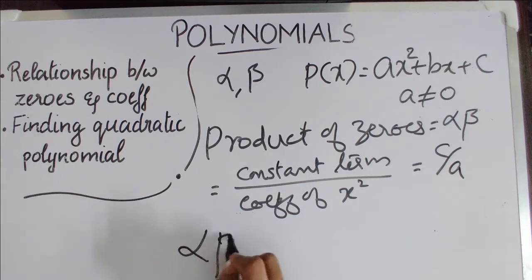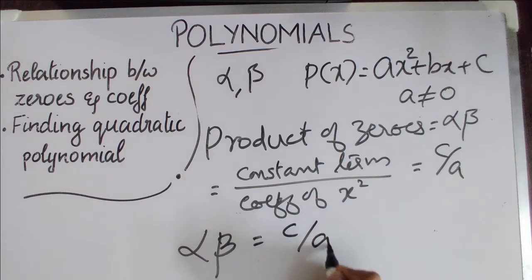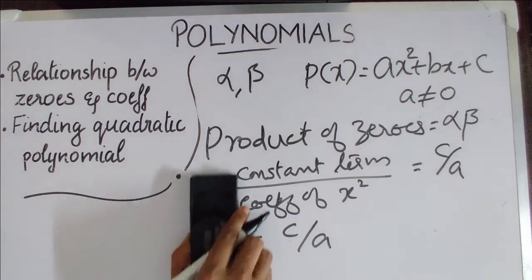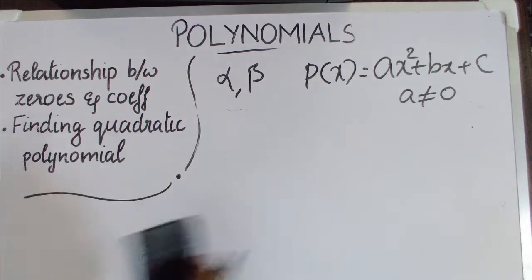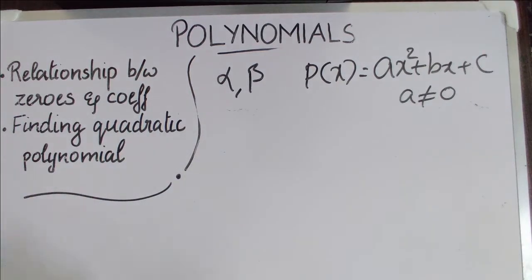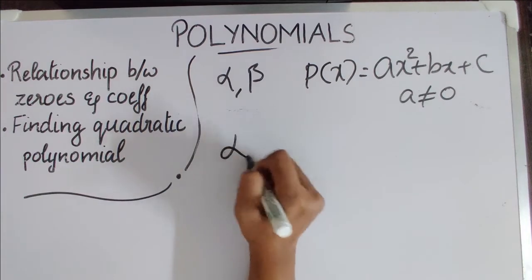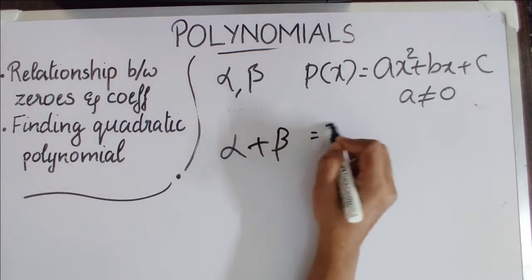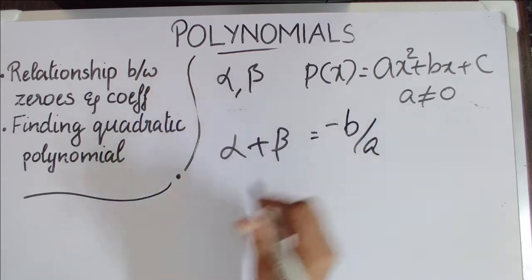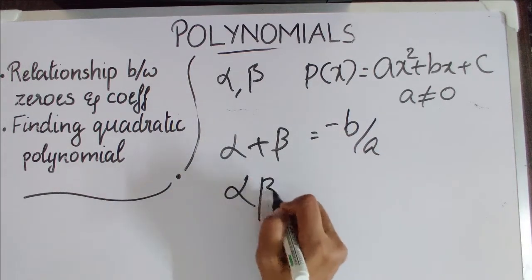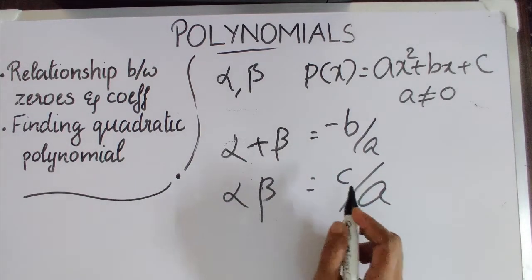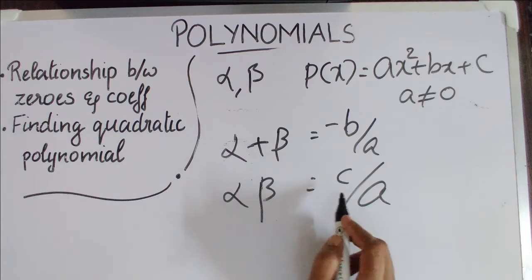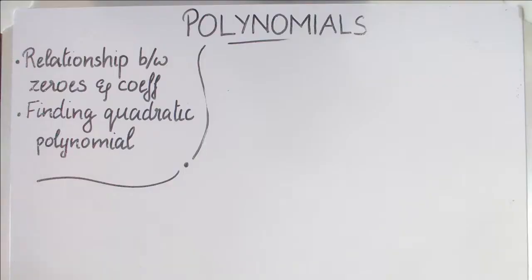Therefore, alpha beta equal to c by a. In these two cases, we get sum of zeros alpha plus beta equal to minus b by a and product of zeros alpha beta equal to c by a. This is the relationship between zeros and coefficients of a polynomial.